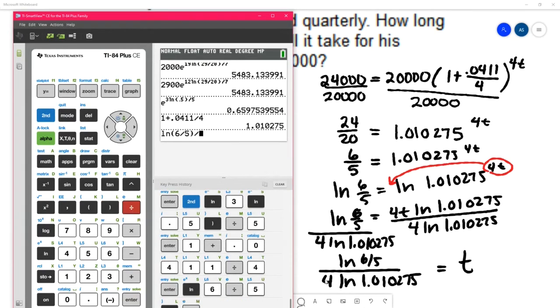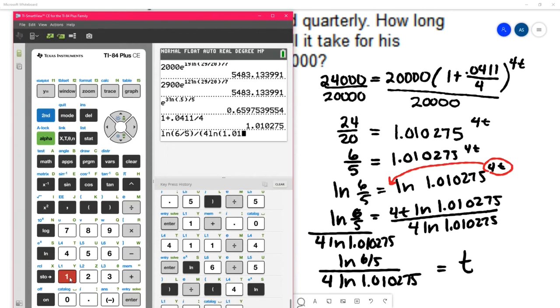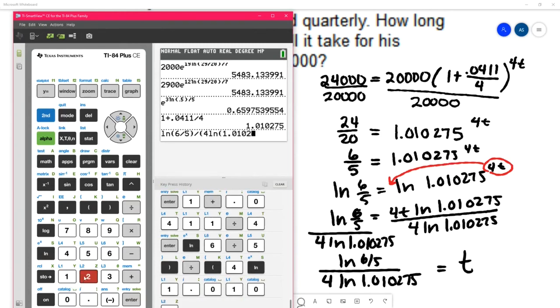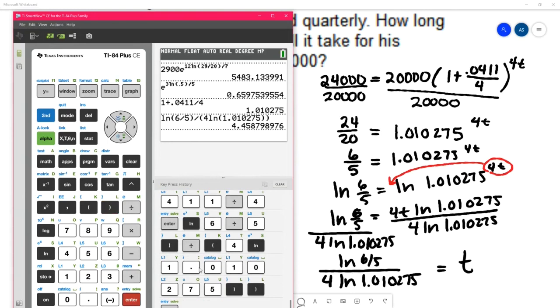Now in the denominator I have both a 4 and this natural log, so I need parentheses so the calculator knows both of them are in the denominator. 4 natural log 1.010275, close parenthesis for the log and close parenthesis for the denominator. So we get 4.4587.